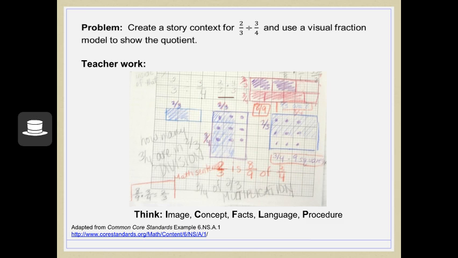So they start off with something akin to a double number line, very similar to the slide a couple slides ago, and represent 2/3 of a whole with this purple shading, and 3/4 of that same whole with this red shading.